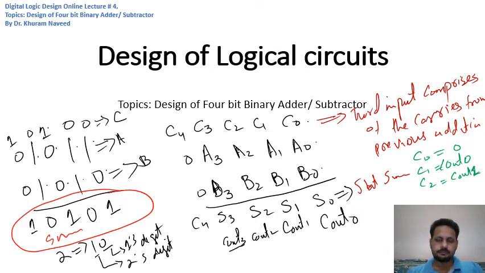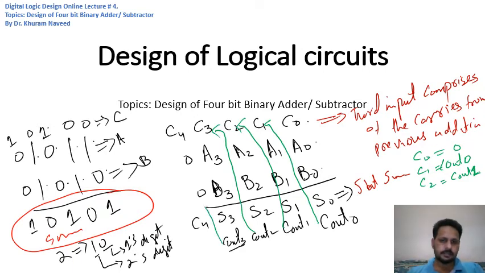So what it means is that the C out 0 will carry forward to the next addition, right? So this means the C1 is actually C out 0, and the C out 1 will carry forward to the next addition, and it means C2 is nothing but C out 1, and similarly C3 is nothing but C out 2, and C4 is nothing but C out 3. Similarly, so let's write this.